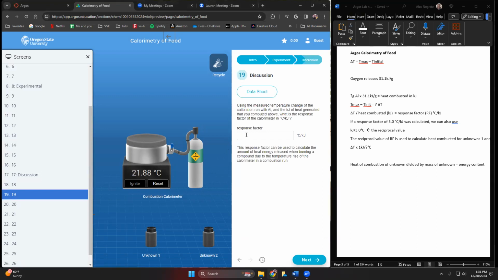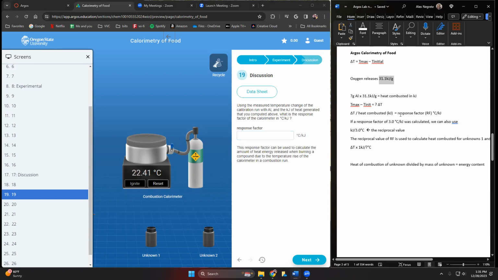And then we're going to calculate something we call the response factor. Using the measured temperature change of the calibration that we did with the aluminum, we can use that response factor to calculate heat generated by the unknowns. So what is this response factor?